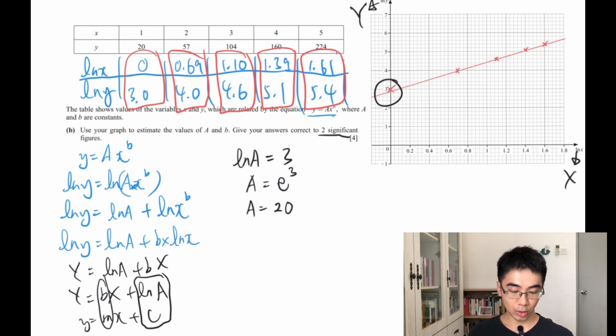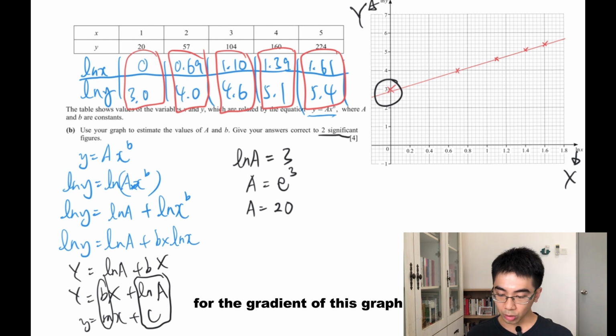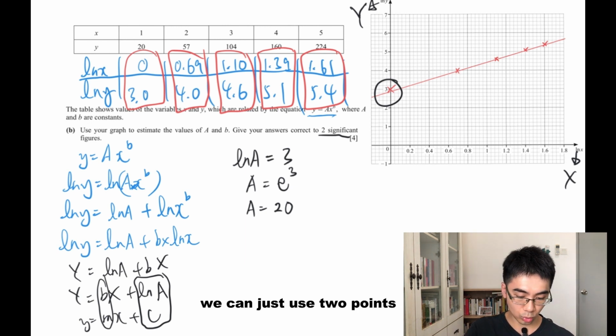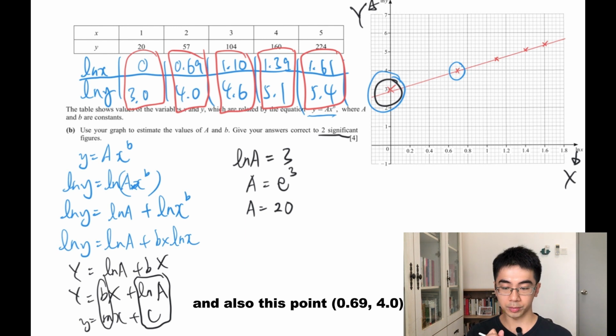All right. So how about b? I just said that it is the gradient, or the m. For the gradient of this graph, maybe we can just use 2 points. We can just use the y-intercept point and also this point.